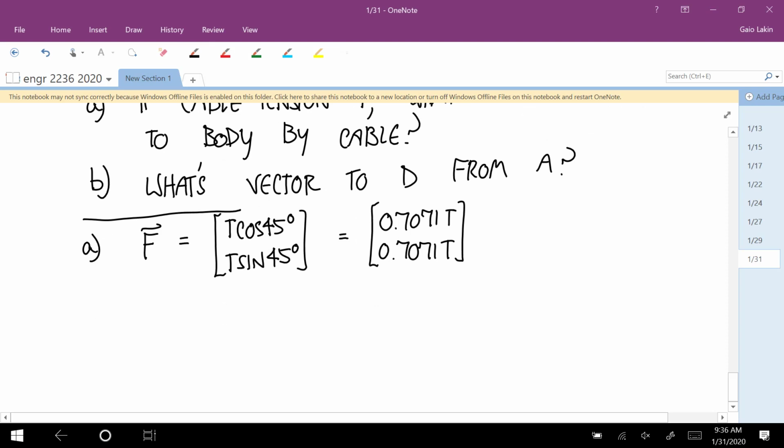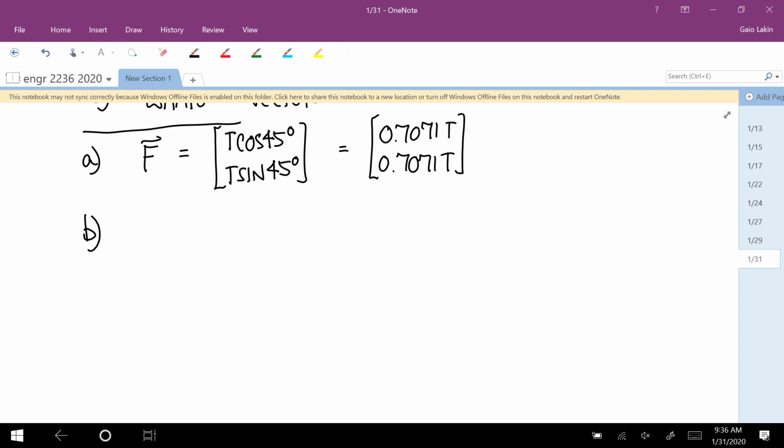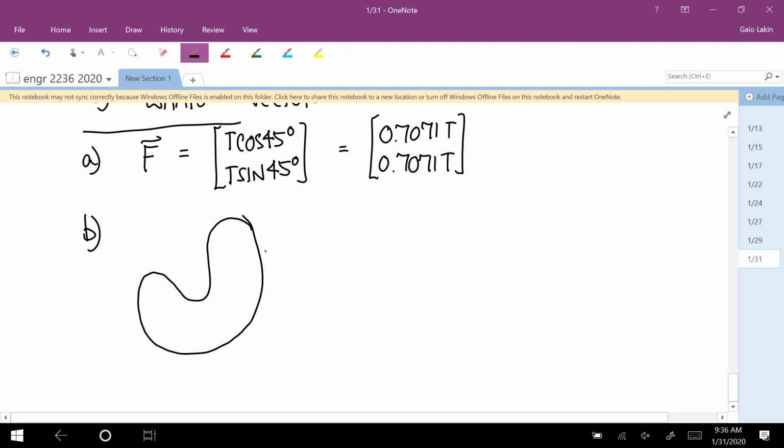And then second, if we want a vector that starts at A and goes to D, we can think of that as the sum of two vectors. We're trying to go from here to here.